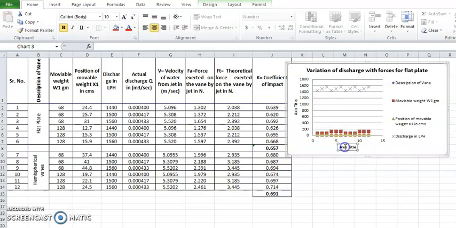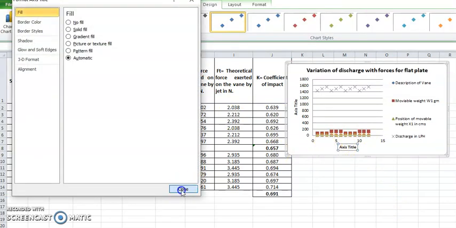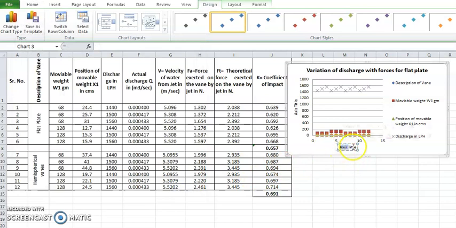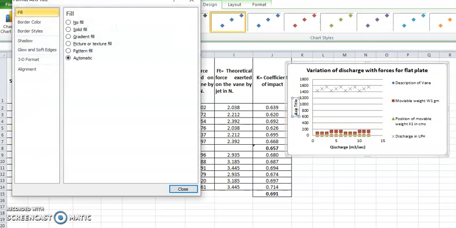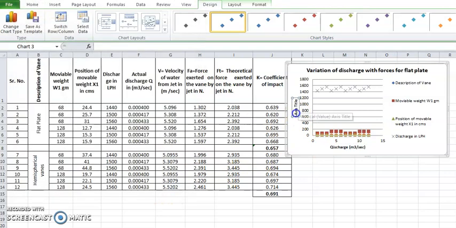Also you can give the axis title. You are selecting x-axis as discharge in terms of meter cube per second, and y-axis as force in terms of Newton.